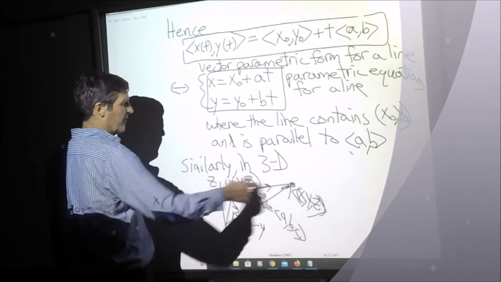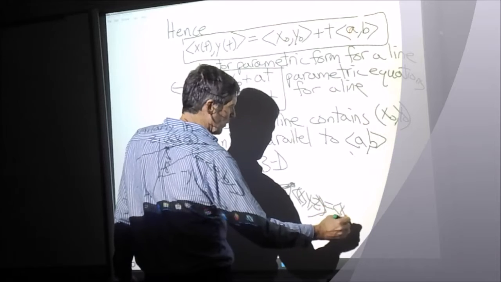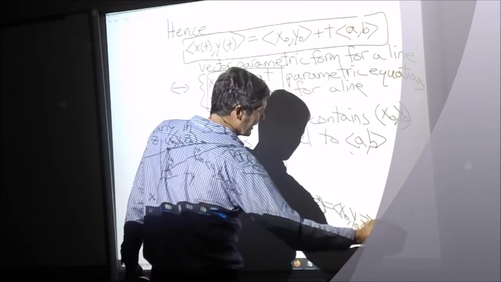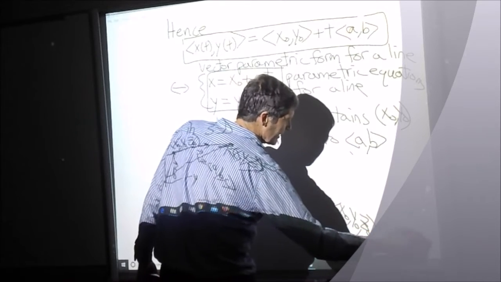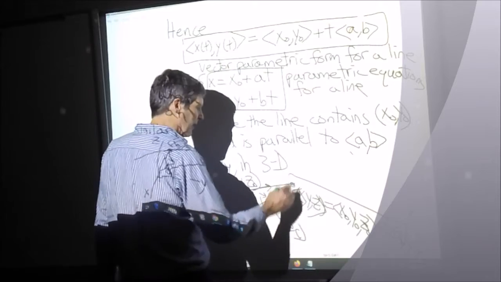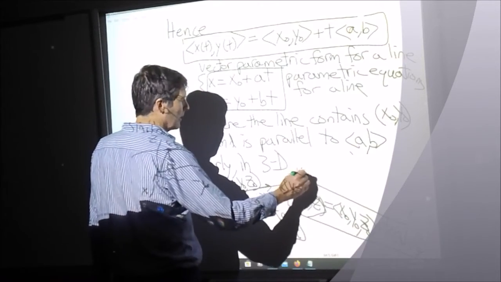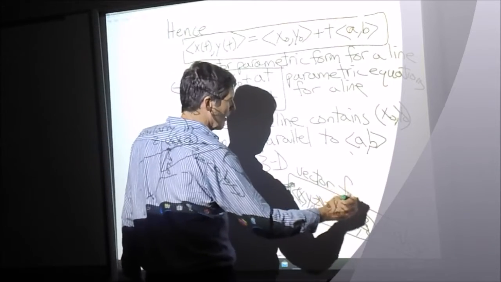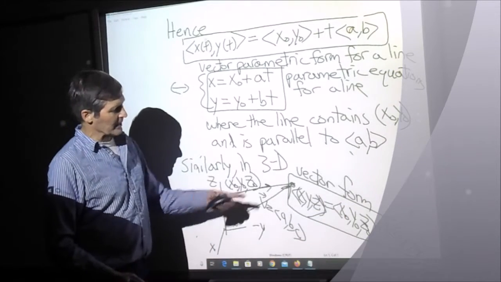The terminal point of the vector sweeps out the line is the idea, is equal to x0, y0, z0, plus some multiple t of a, b, c, and this is vector parametric form for the line through x0, y0, z0 in the direction a, b, c.